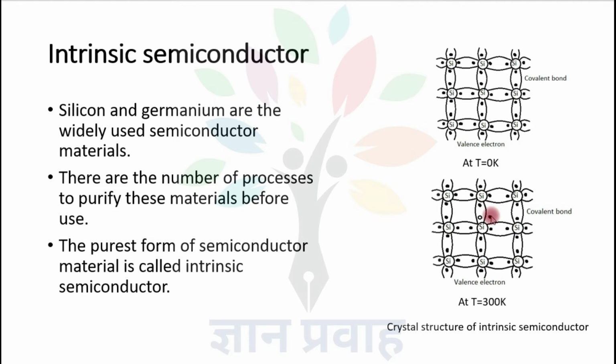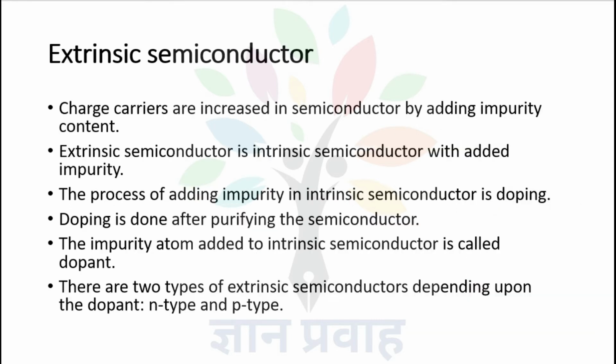Another way for increasing the number of charge carriers is adding some impurity atoms. Another type of semiconductor material is extrinsic semiconductor material. It is called impure semiconductor material because impurity atoms are added here.